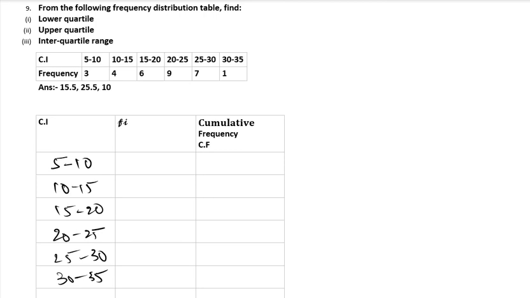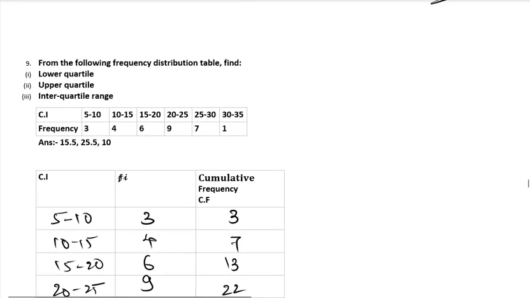Frequencies are 3, 4, 6, 9, 7, 1. Cumulative frequency: 3 plus 4, 7 plus 6, 13 plus 9, 22 plus 7, 29 plus 1, 30.